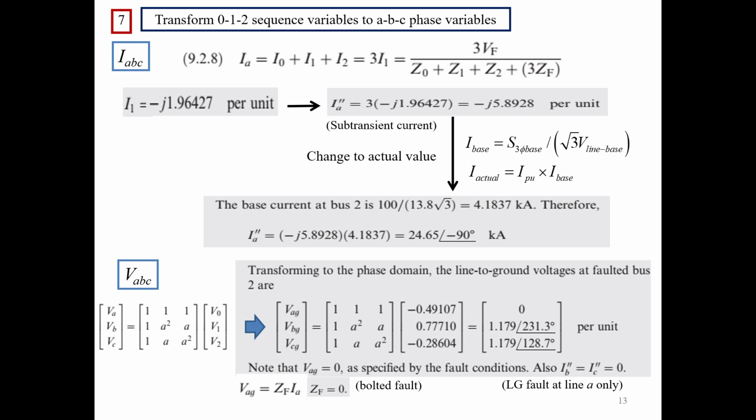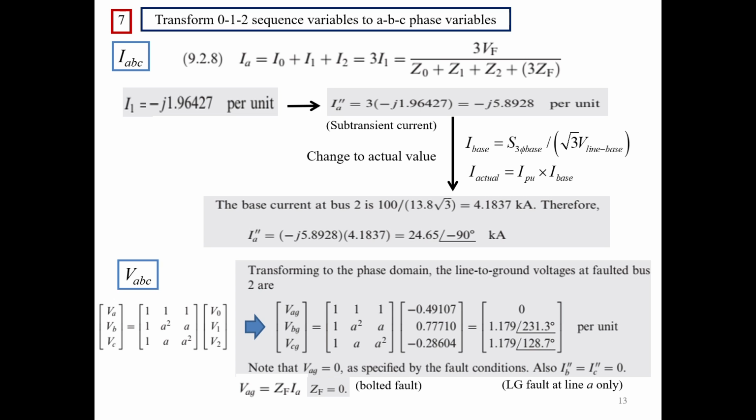Now you can get the transformation. Once you have I0, I1, and I2, if you want to find the short circuit current, in this case the current flowing out of phase A to the ground, that is IA.